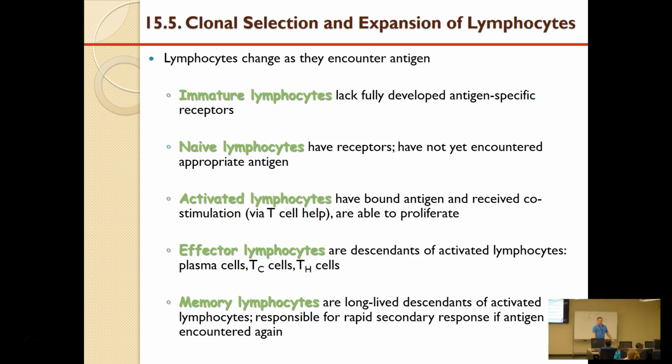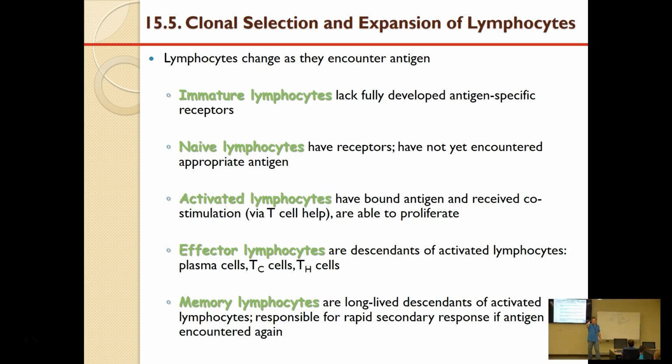Naive lymphocytes have the receptors now, so they have their receptor that only goes after that specific antigen. Each receptor is going to be different. But now they have the receptors, but they haven't encountered that antigen yet. So they know what they're looking for, but they've never found it. Activated lymphocytes have now bound to their antigen, received the co-stimulation help they needed, and then they're able to proliferate.